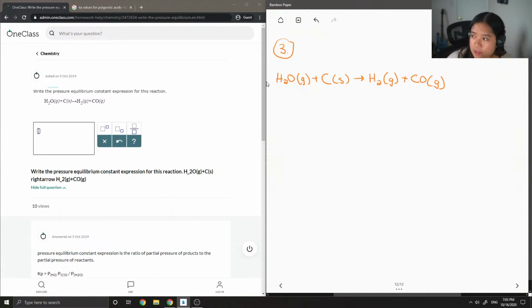Okay, so let me write out the general rule whenever you want to solve for equilibrium constants. So I'm going to write down a hypothetical reaction at the bottom here.